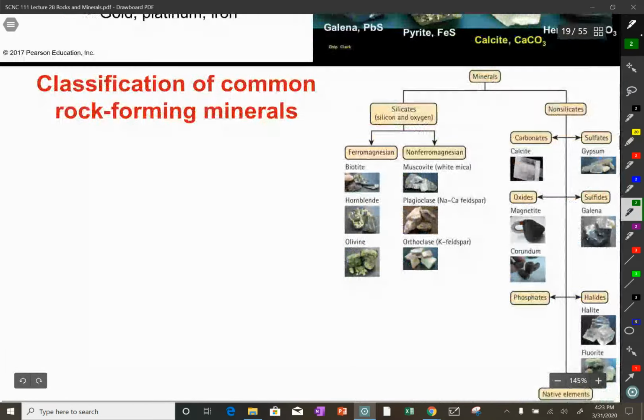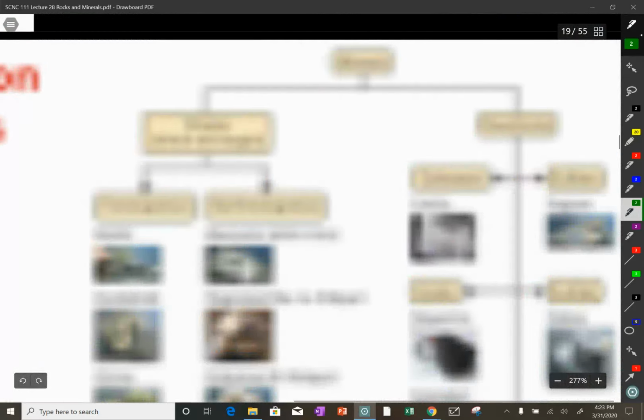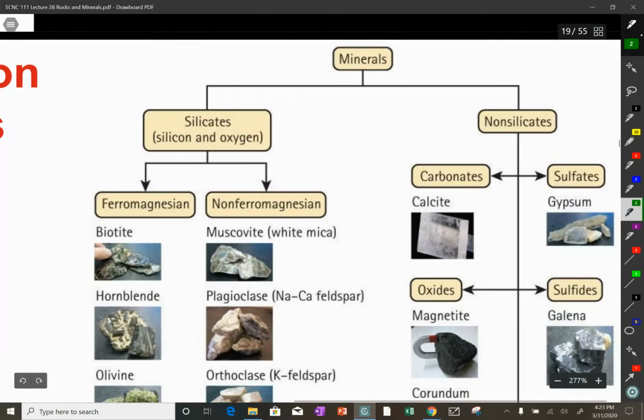So when we're classifying rocks and minerals, we start with minerals. Minerals are naturally occurring crystalline solids. I still can't read my occurring, so I'm going to write it again.